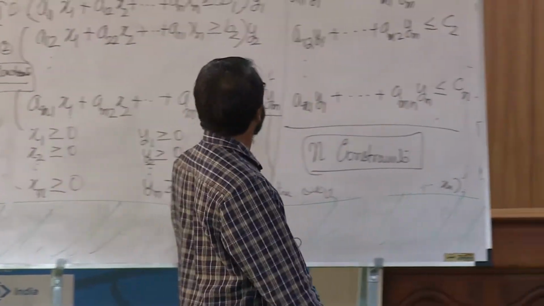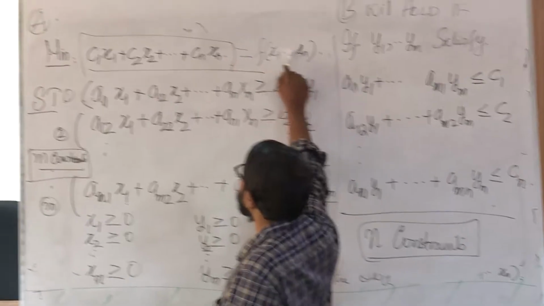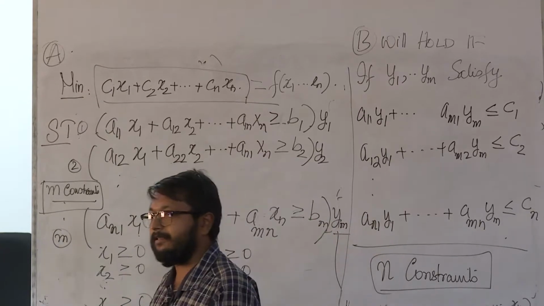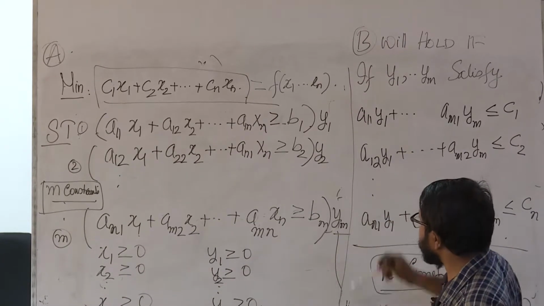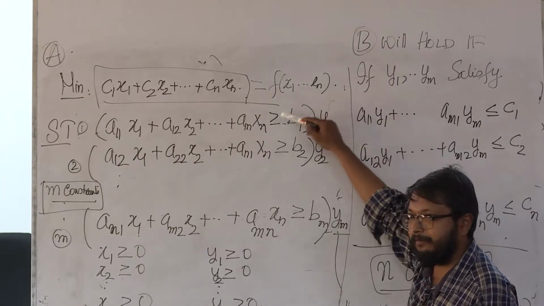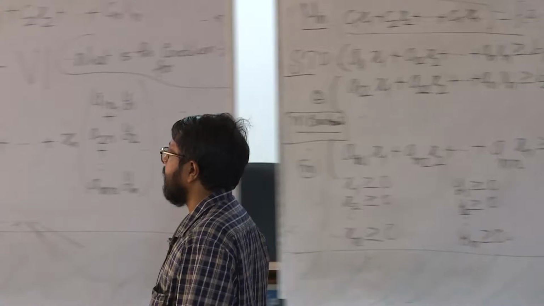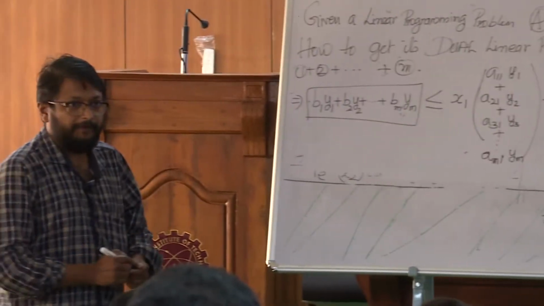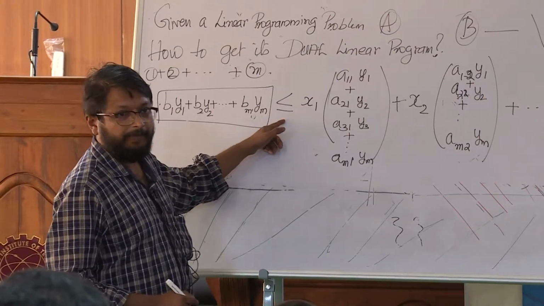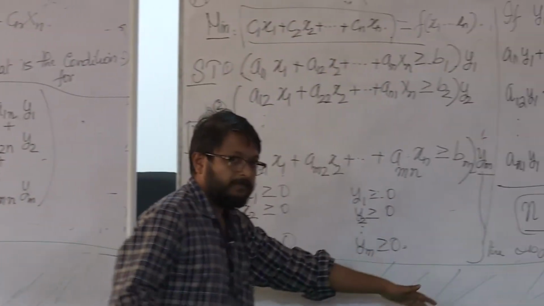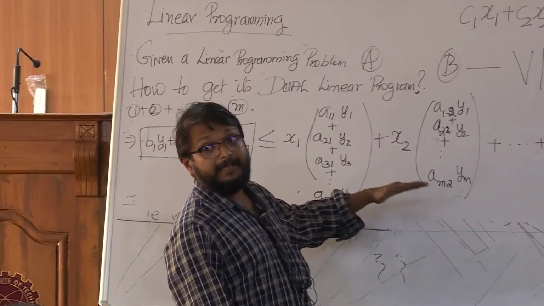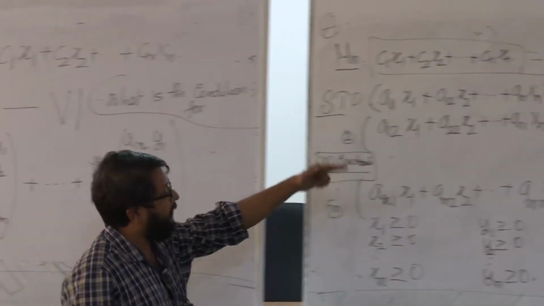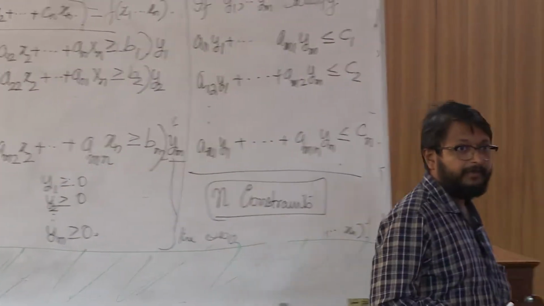Given that I had originally been given a linear programming formulation, minimize C1 x1 plus C2 x2 plus Cn xn subject to these constraints, I introduced variables y1 to ym and looked at the sum b1 y1 plus bm ym, and showed that this linear function will always have value less than or equal to this sum, which will be less than or equal to C1 x1 plus Cn xn, provided y1 to ym which I have introduced satisfy these requirements.